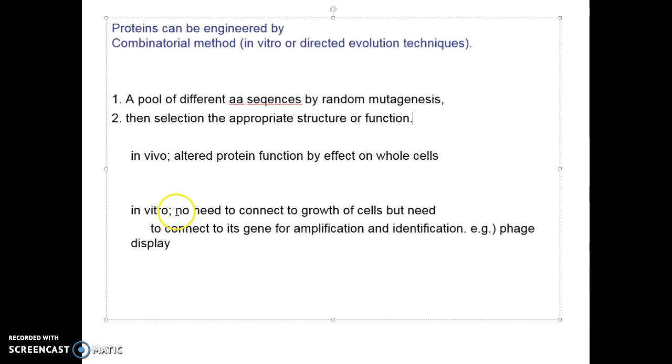In vitro, you just select the target genes specifically. The typical example for the second one is phage display. You might understand better with phage display.